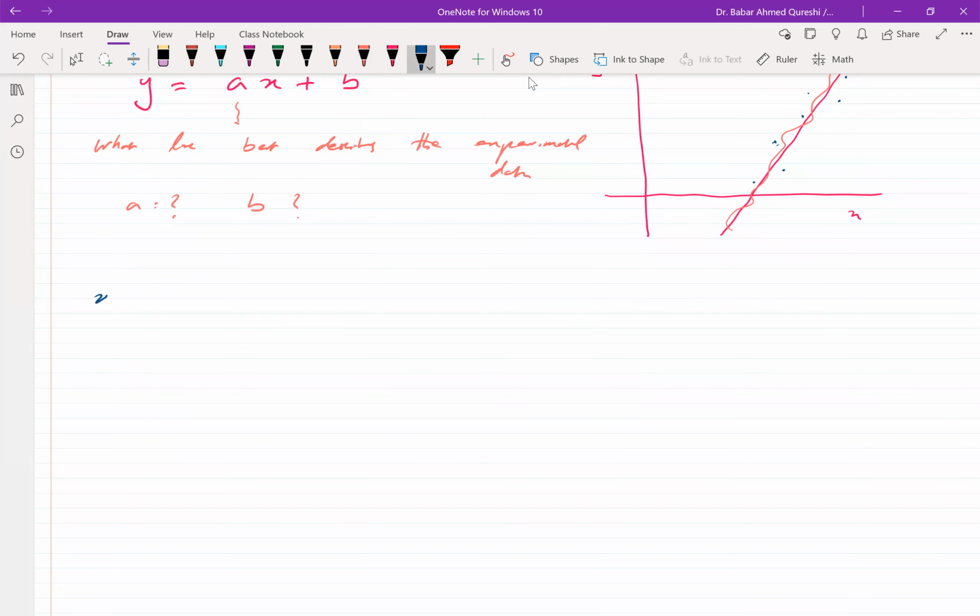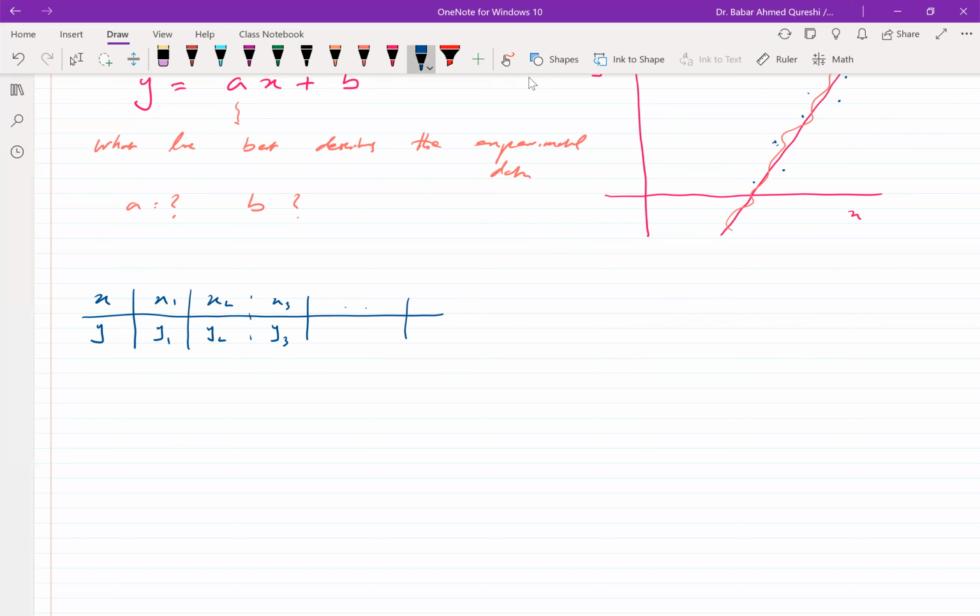Well, you will have in your data these values. You measure x, you get x1, y1, a value of x1 and a value of y1. You measure for some other value of x2, you get another y2. Another value of x you measure, you get another value for y, and so on.